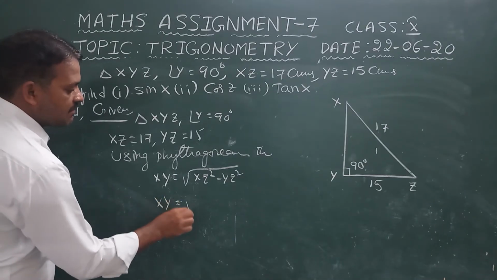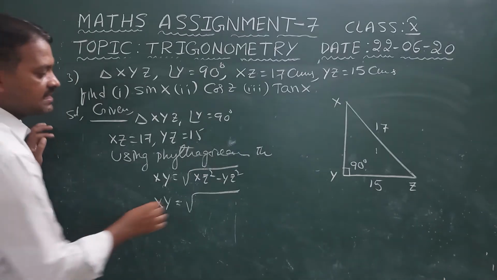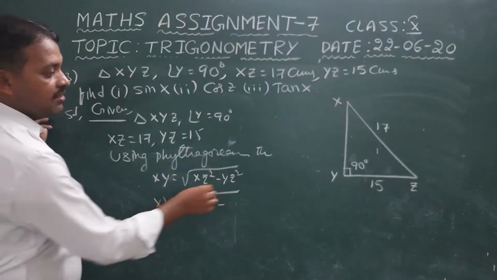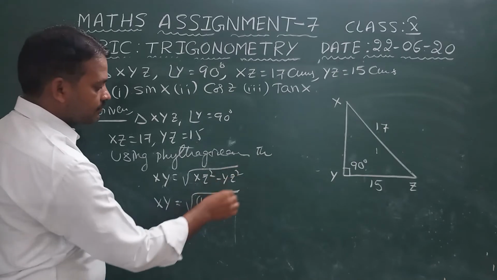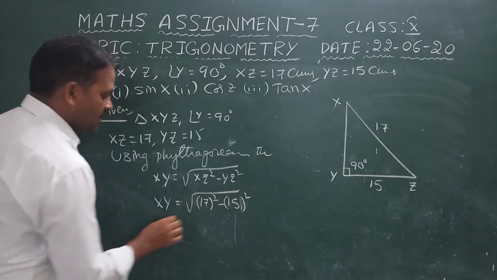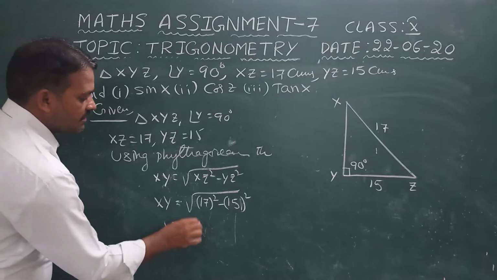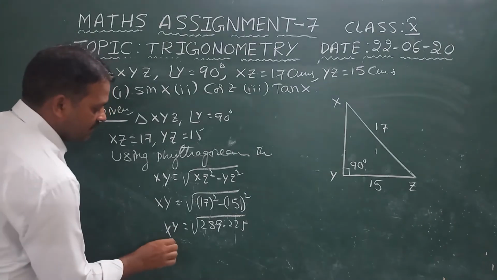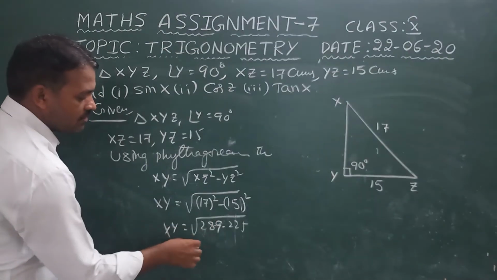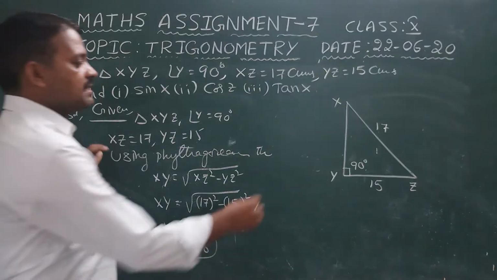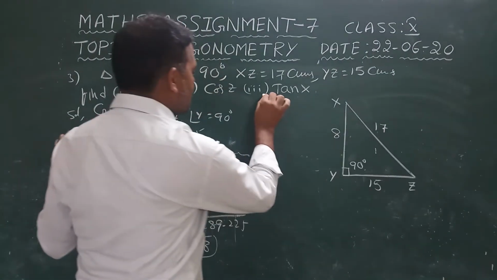So XY is equal to the square root of 17 squared minus 15 squared. That equals XY is equal to the square root of 289 minus 225. XY is equal to the square root of 64, which is 8. So this XY value will become 8.